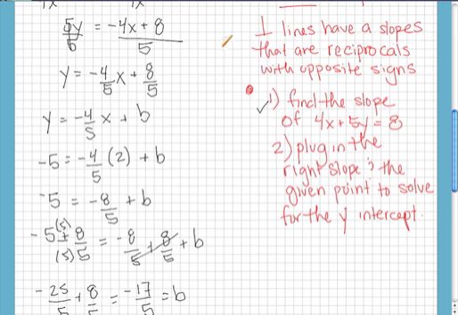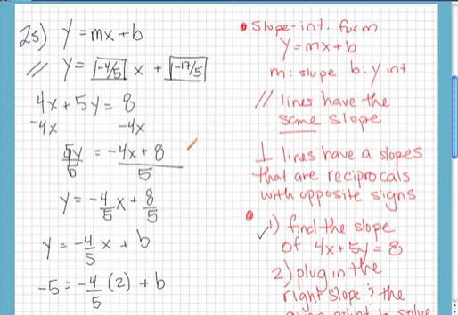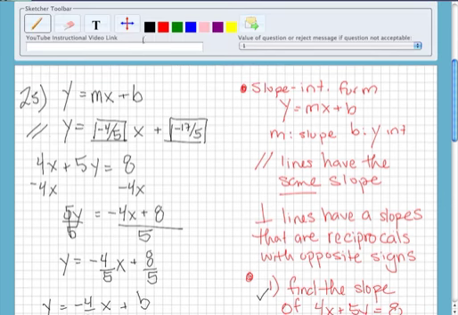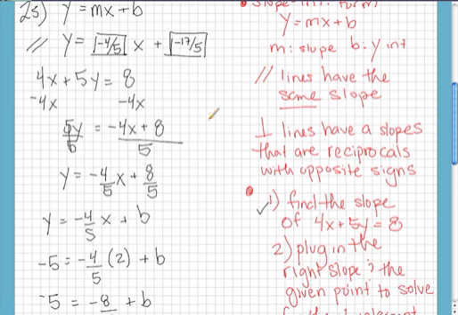There's an additional piece of information we need to know for problem number 26, and that is that perpendicular lines have slopes that are reciprocals with opposite signs. That sounds kind of fancy, but what it means, for example, let's say you have a line with a slope m equals 2, your first line right here.